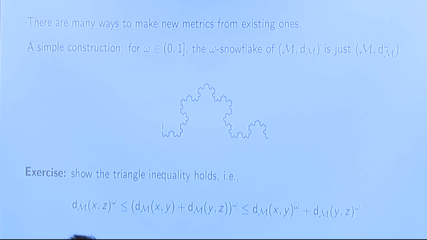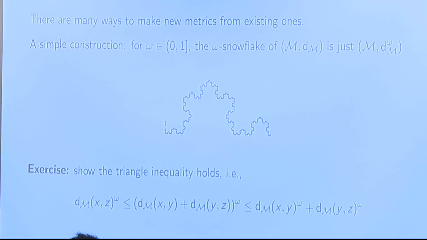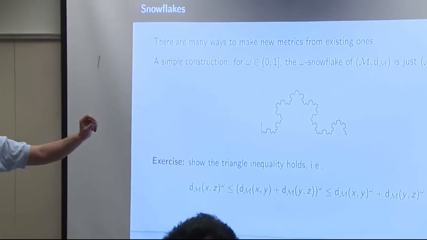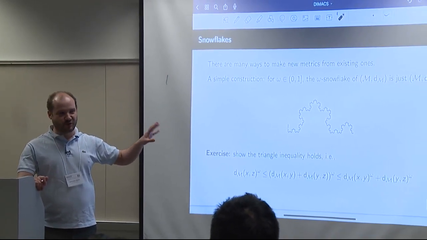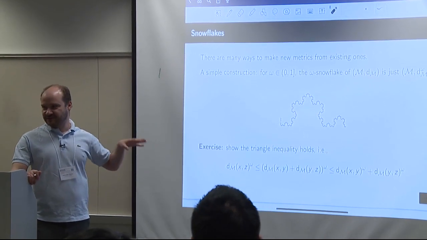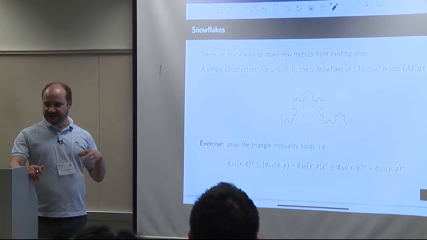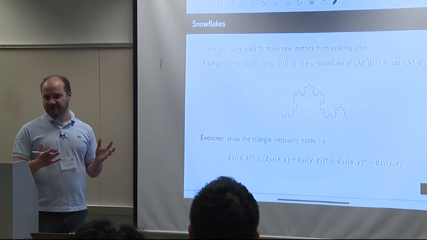I think it's called a snowflake because this picture is the Koch snowflake, and I think the Euclidean distance on the Koch snowflake is a snowflake with some power that I forget right now of a different metric. Is that correct? Anyway, so you get these weird geometries when you do this, even though it's a very simple operation. It does weird things to the metric in some sense.